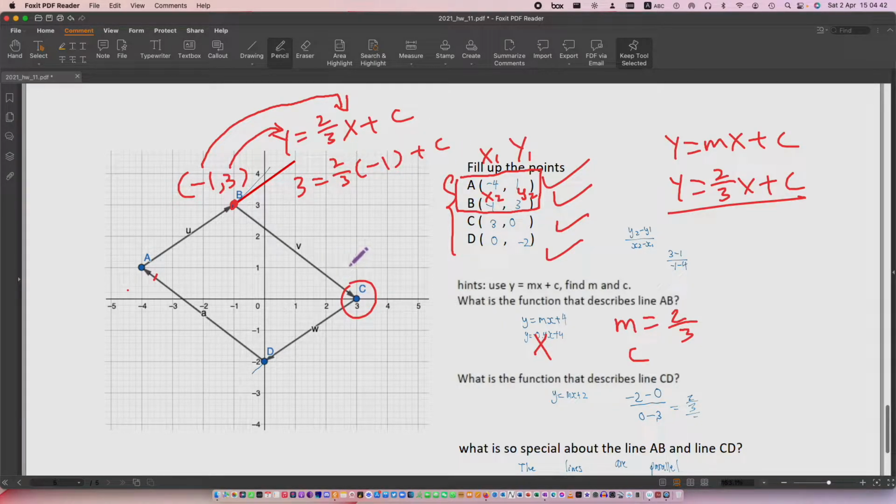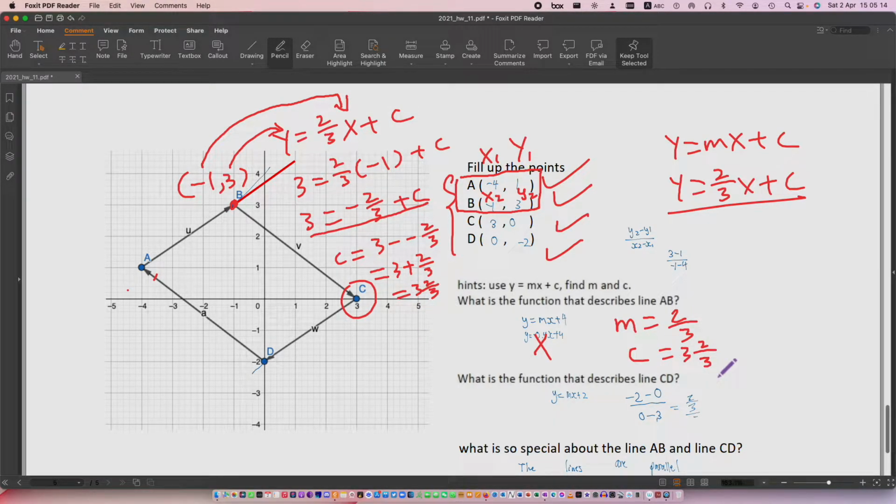Okay? So now I get my c already. How? This is 3, and this is going to be -1 times this. Use your calculator, don't trust your brain. So your c is equal to 3 minus this. By the way, this is simple addition. Okay, so your c is equal to 3 plus 2/3. So your answer is supposed to be 3 and 2/3. So your c is 3 and 2/3.